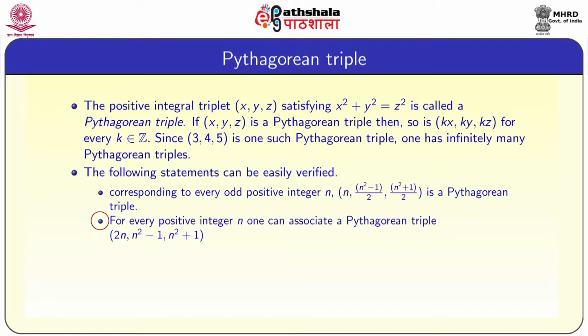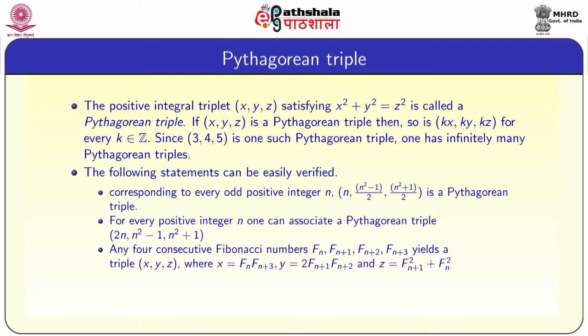For every positive integer n, one can associate a Pythagorean triple 2n, n square minus 1, n square plus 1. And any 4 consecutive Fibonacci numbers f_n, f_(n+1), f_(n+2), f_(n+3) give a Pythagorean triple. Here Fibonacci numbers means f0 equal to 1 and f1 equal to 1, and recursively other values are defined as f_n equal to f_(n-1) plus f_(n-2).